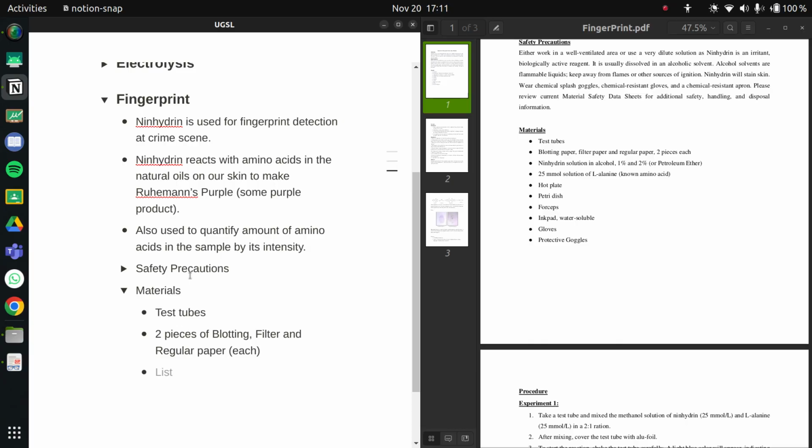Right. Ninhydrin solution in alcohol, 1% or 2%, or petroleum ether.